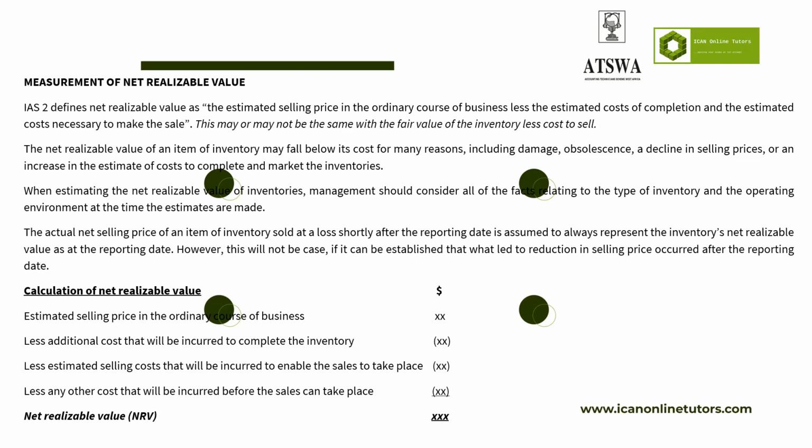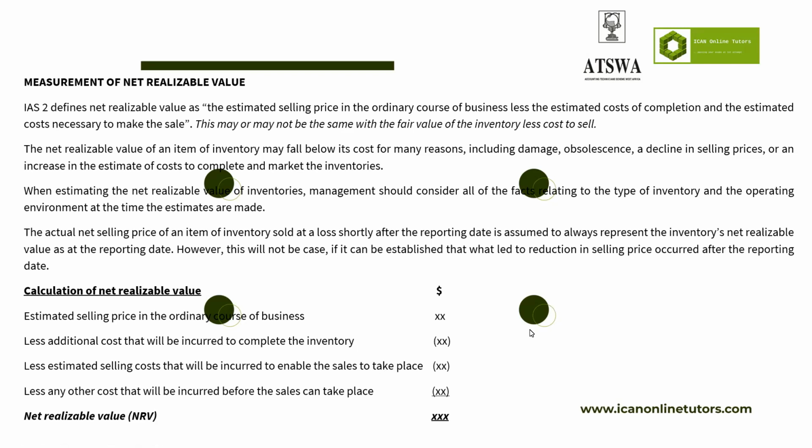Let's take a look at a very simple format to do that. Calculation of net realizable value. Estimated selling price in the ordinary course of the business. This is it, that's the sales value. Less additional cost that will be incurred to complete the sales, that's the cost to sell, less selling cost that will be incurred in order to enable the sales to take place.